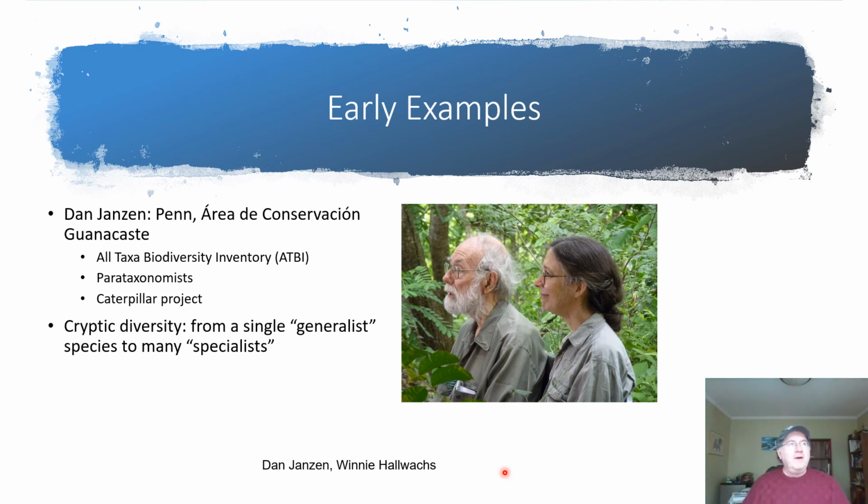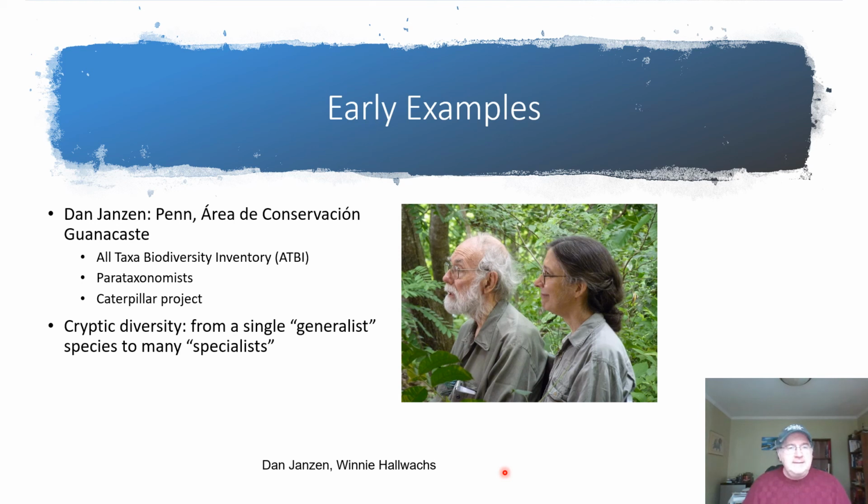When you look at their CO1 DNA sequences, it's revealed that no, we don't have a single generalist species. We have several specialist species. So in fact, the ecology combined with the CO1 barcoding is telling us that there's more than one species there.